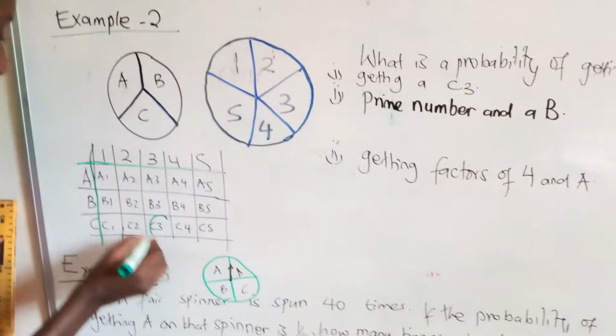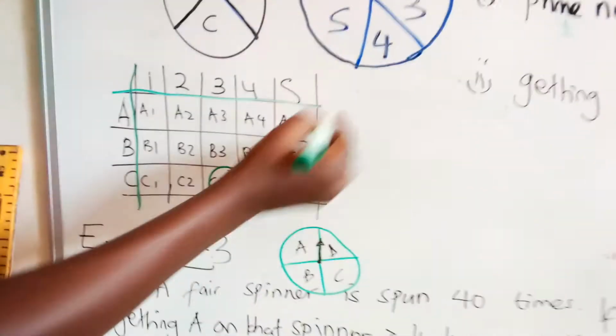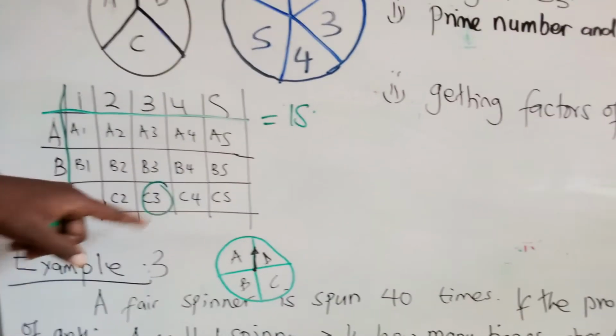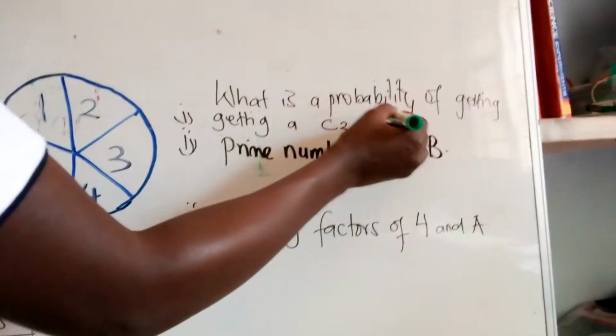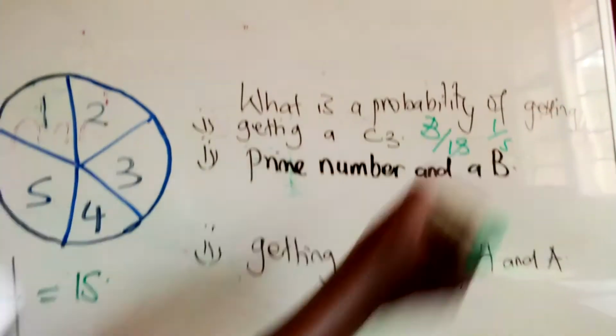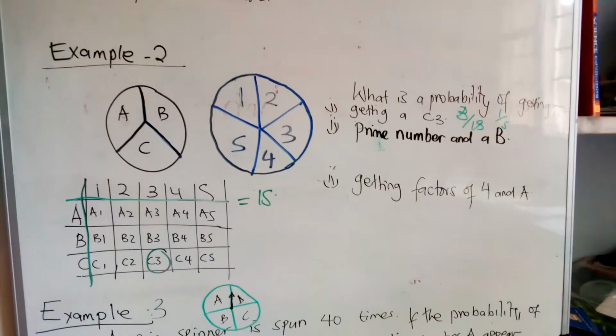C3 only appears once out of how many? You're having 3 and then 5. So the sample space is basically 15. So for us to get a C3, we are just going to have 3 out of 15. This can reduce to 1 out of 5.